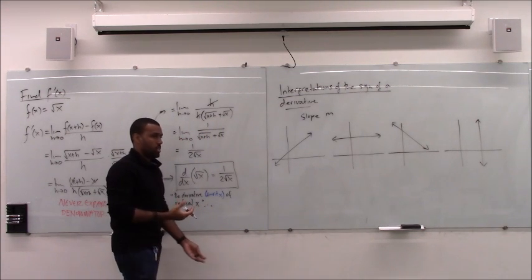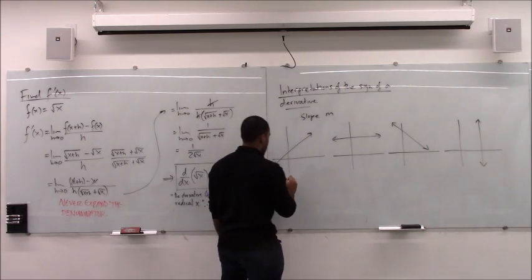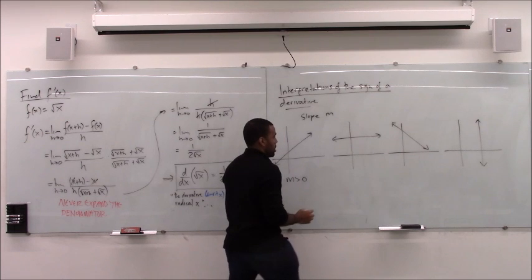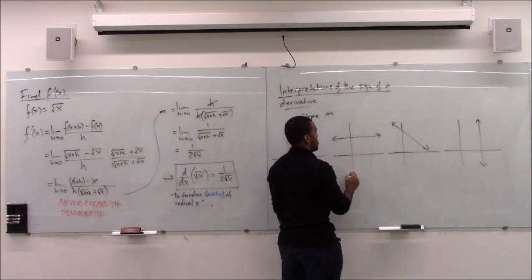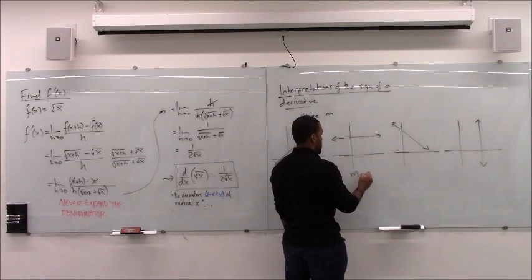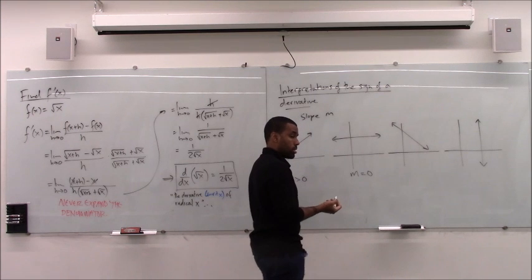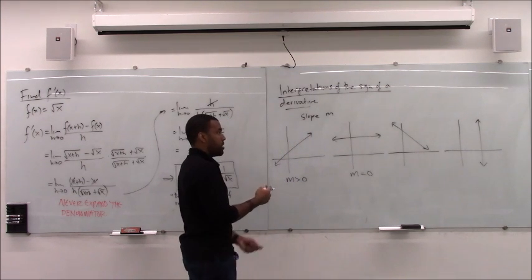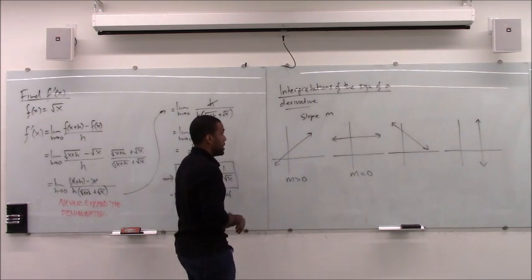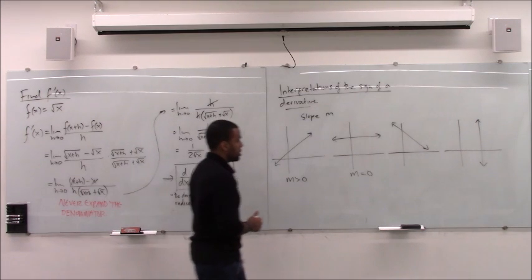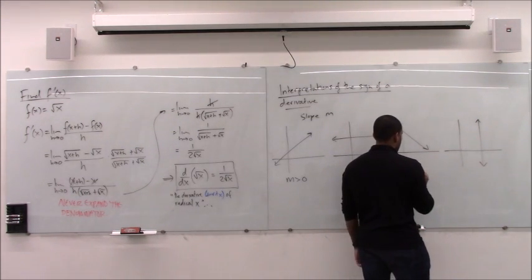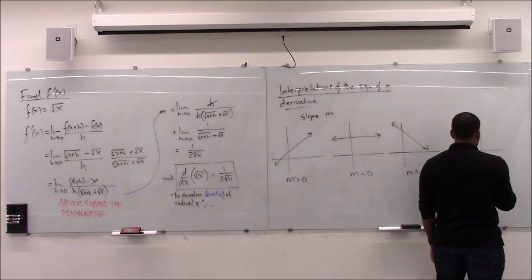Is it going to be positive or negative? Positive. Right, so here m is positive. Here, horizontal line? It is 0, right? And 0 is not positive. 0 is not negative. Positive is defined as strictly greater than 0. Negative is defined as strictly less than 0. Here, you have m is less than 0. Here, you have m undefined.